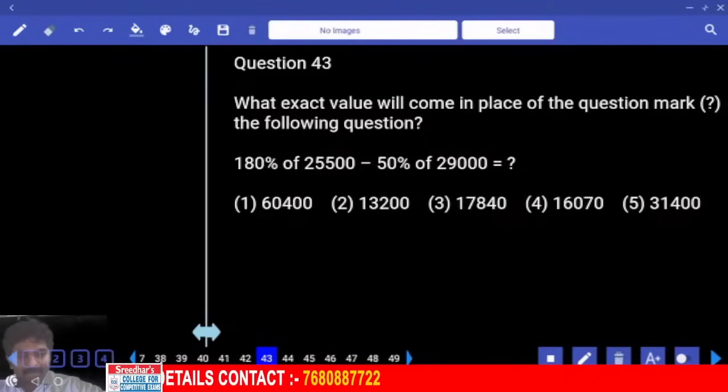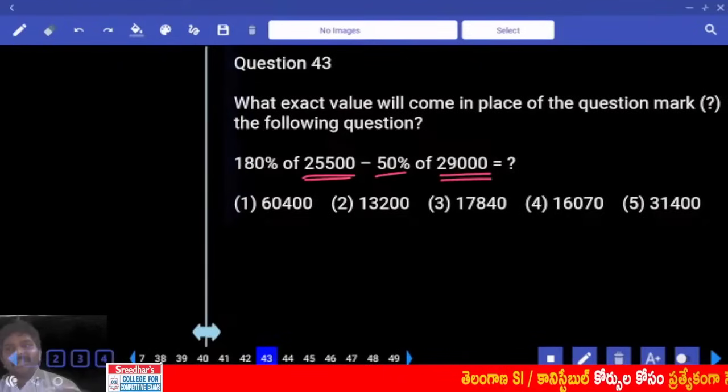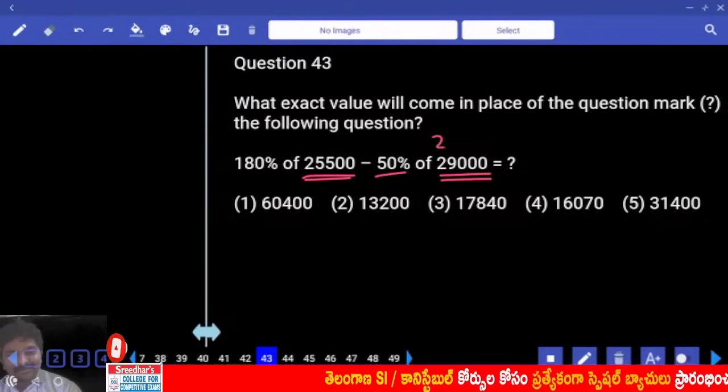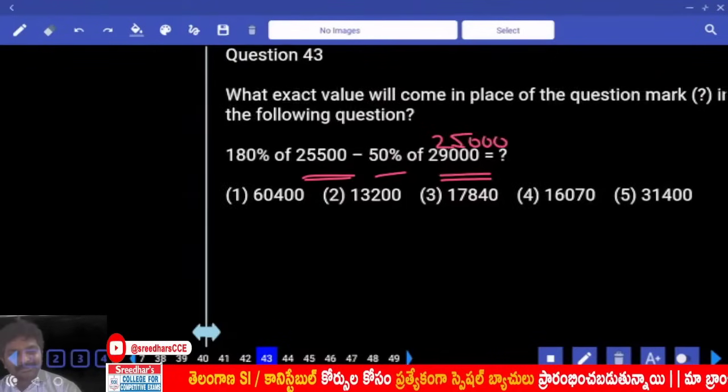Okay. I don't want to do it exactly. Yes. This is approximately 25,000. And 50% of 29,000 here. No, don't calculate. I'm a small fellow, not intelligent people like you.